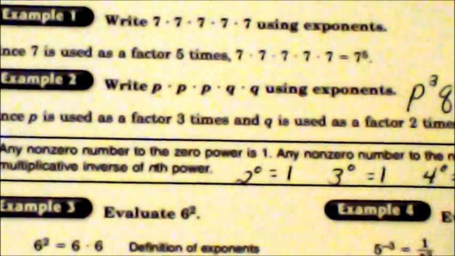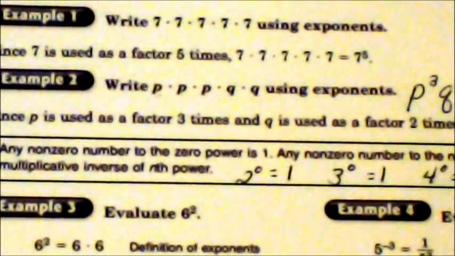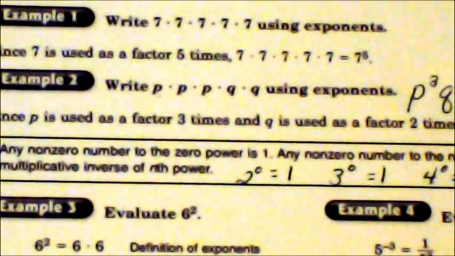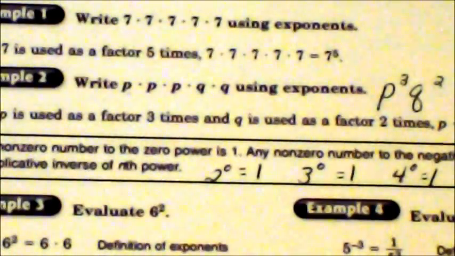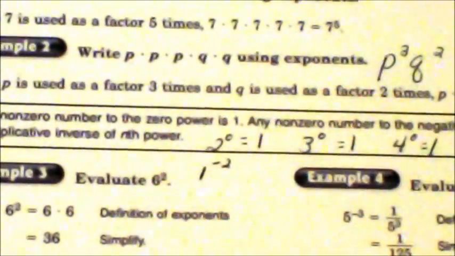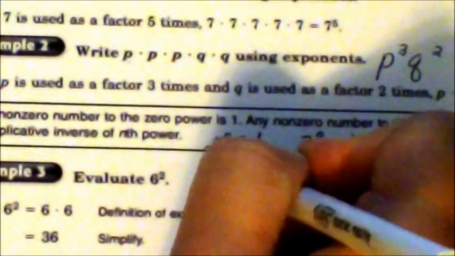Now I'm going to explain that in just a minute. It also goes on to say that any non-zero number to the negative n power is the multiplicative inverse of the nth power. Now here's what that means. That means, for example, if you have 1 to the negative 2, that equals 1 over 1 squared, which would equal 1.